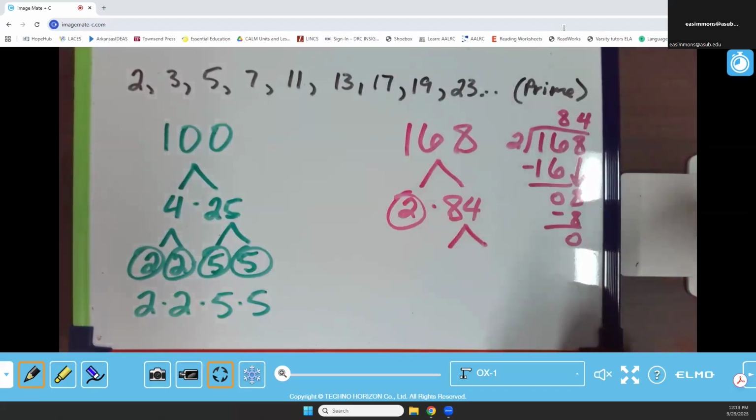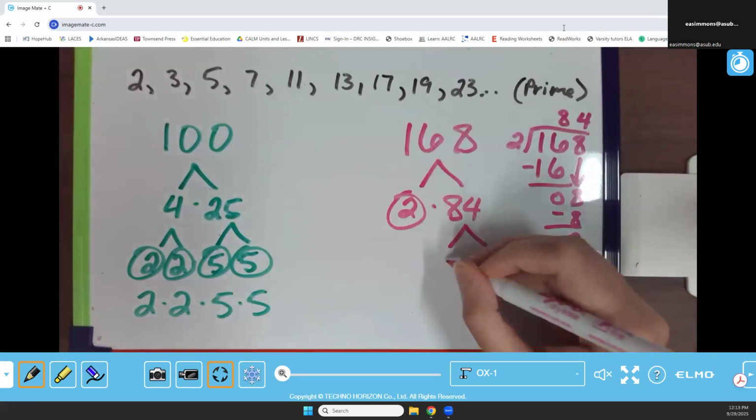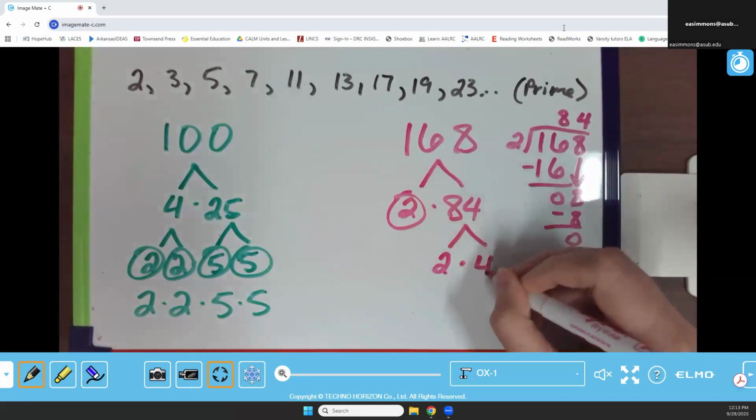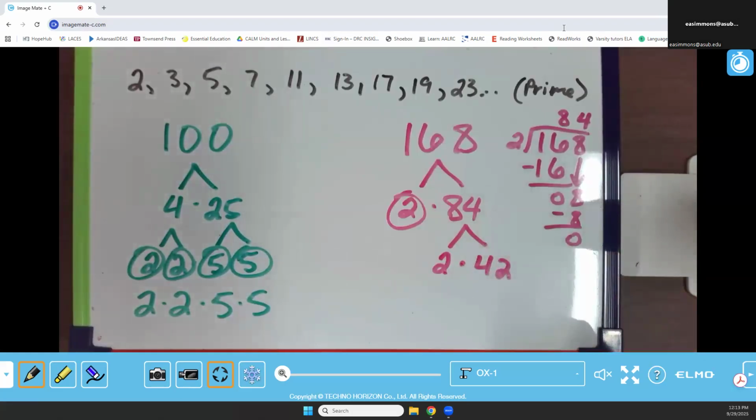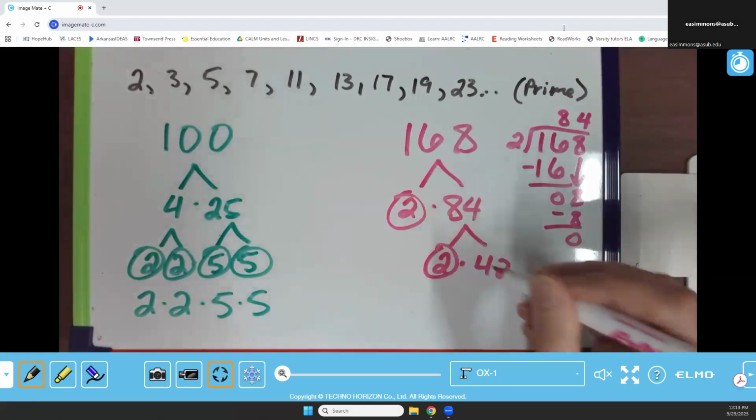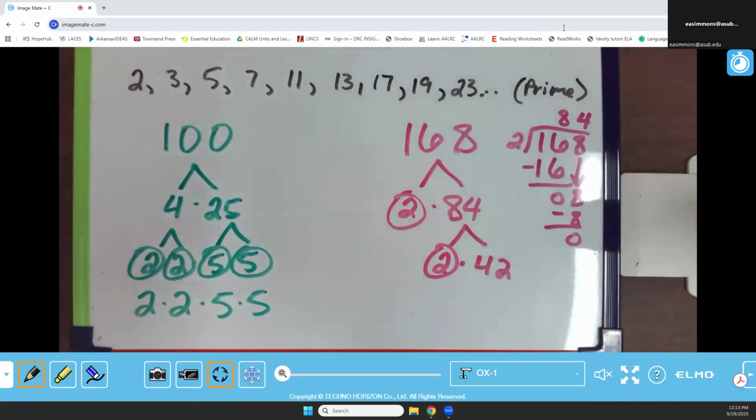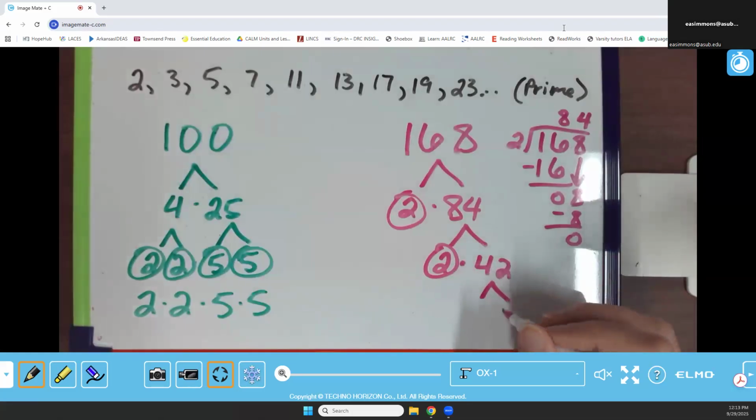But my 84 is not prime, so I need to break it down. 84 could break down into 2 times 42. Half of 84 is 42. That 2 is prime, but my 42 is not. 42 can break down into 2 times 21. 2 is prime, 21's not.